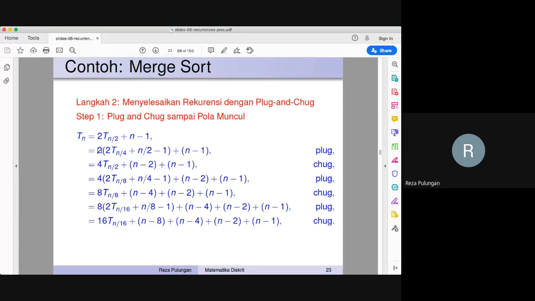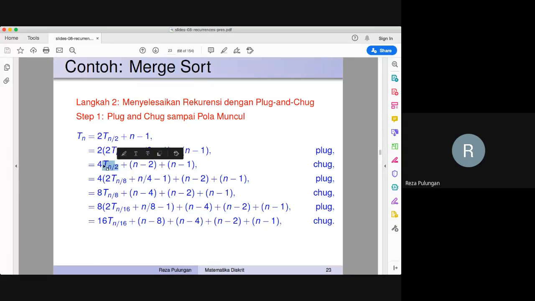Here, 2 times n divided by 2. Look at this, 2 times n divided by 2 is n, so this is n minus 2, this is minus 2 here. And then plus n minus 1. Okay. Let's continue.